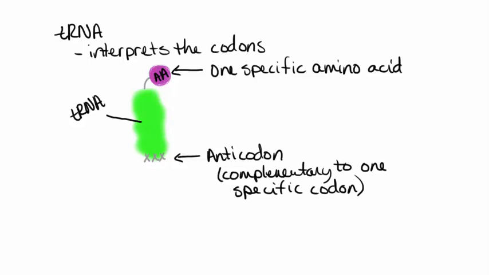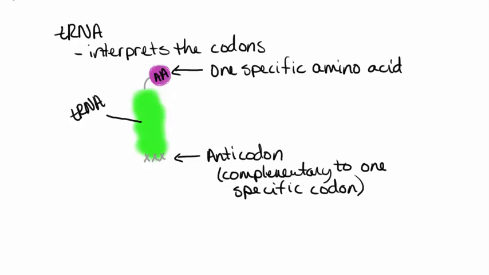And if you recall, we have 61 different codons that actually code for amino acids. So you would have to have a different tRNA to actually match up to each one of those codons that we have. So the tRNAs, depending on what the anticodon says, will have a specific amino acid attached.